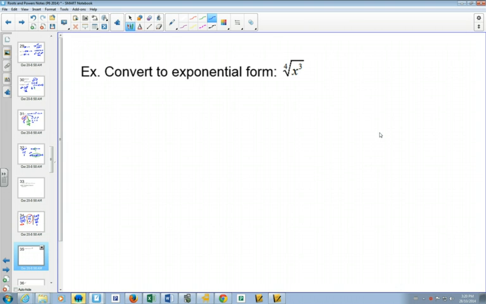One of the things that I want you guys to focus on, and sometimes you don't focus on this very much during class, you write out the question, convert to exponential form, then you wait for me to do it, right?